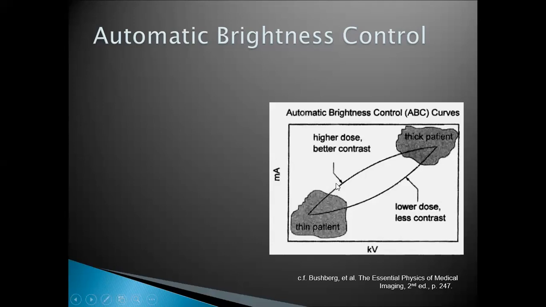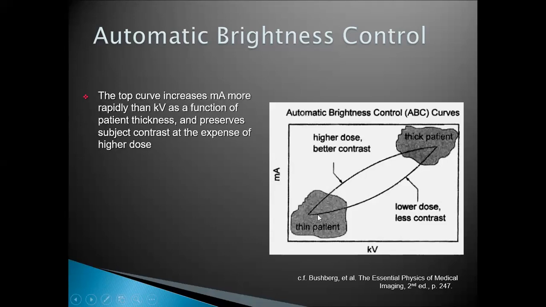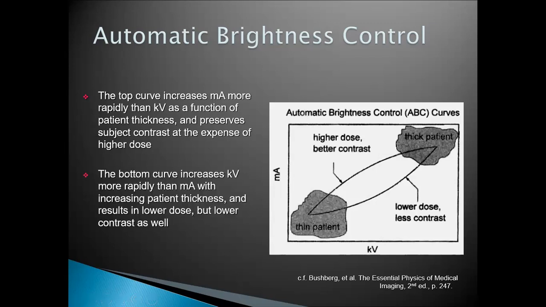The machine does the calculation and does the right thing. So the top curve increases mA more rapidly than kV because of patient thickness, and the bottom curve increases kV more rapidly than mA, also depending on patient thickness.